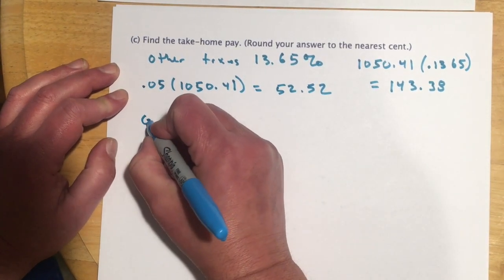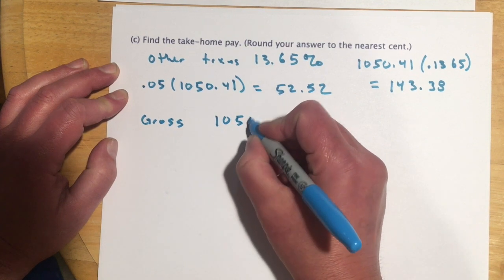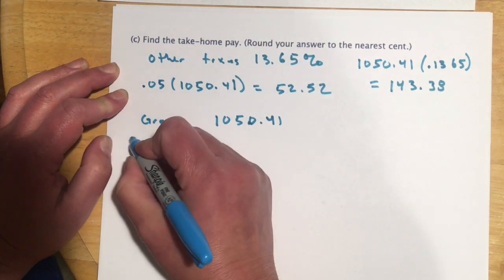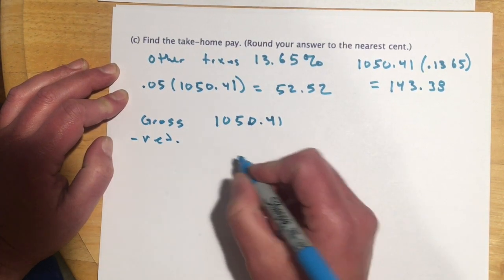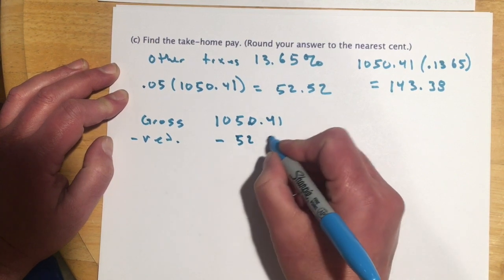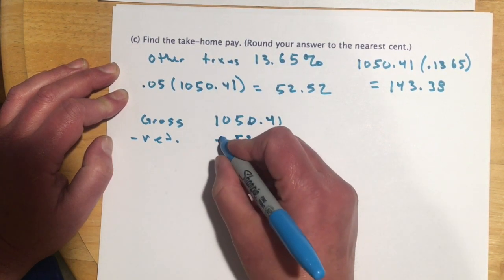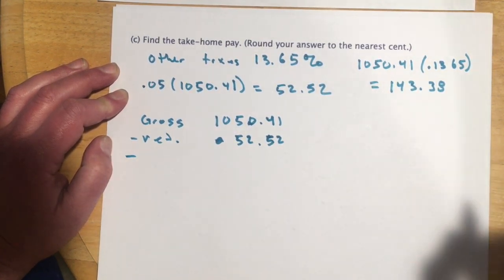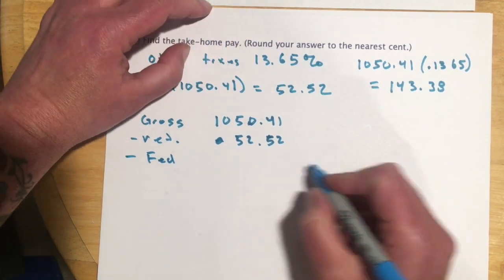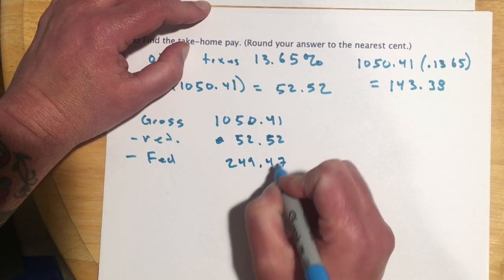So we've got a gross pay, and that's the 1050.41, and then minus retirement, so that was the 52.52. And then minus federal, and that was our answer to part B, so 249.47.